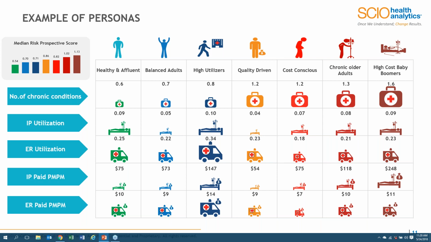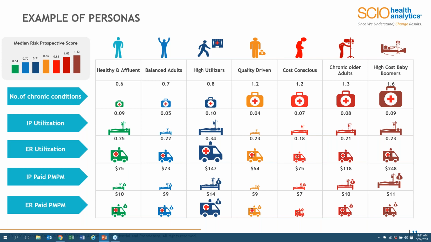And this slide represents 7 personas, but depending on the data set and therapeutic area that we're analyzing, we may have fewer or more personas. For example, we might have 4 or 5 personas, or we might have 9 or 10 personas. It really is based on the actual data and the therapeutic area. For example, rare diseases might have fewer personas, and other disease areas might have more personas.